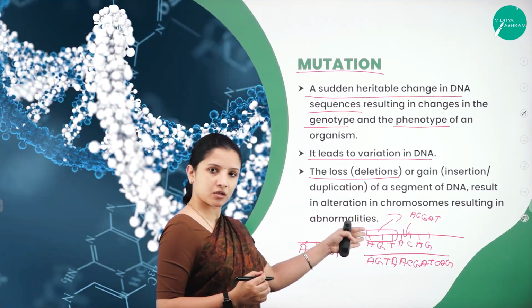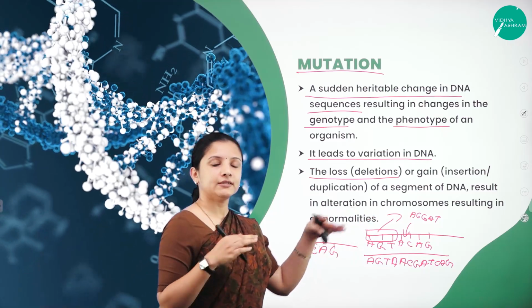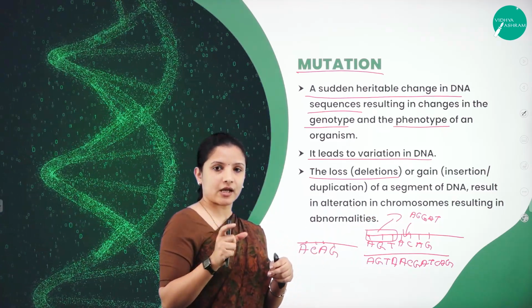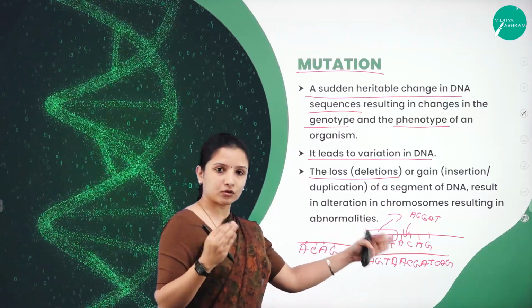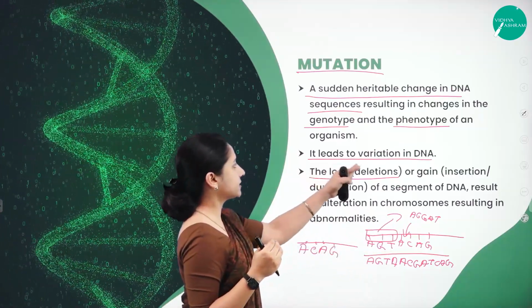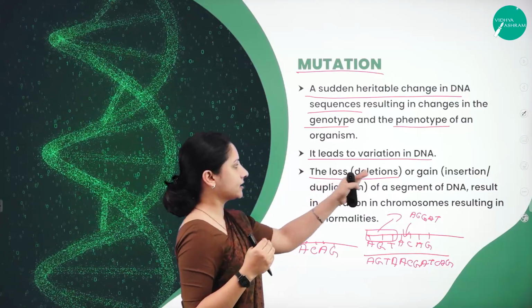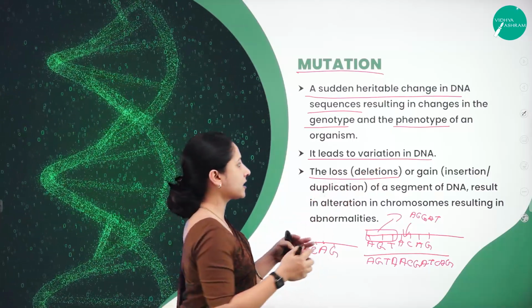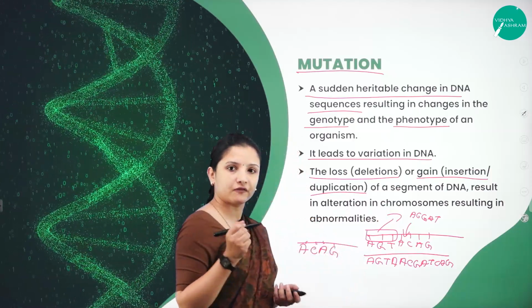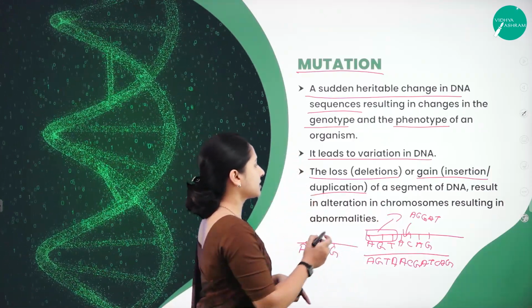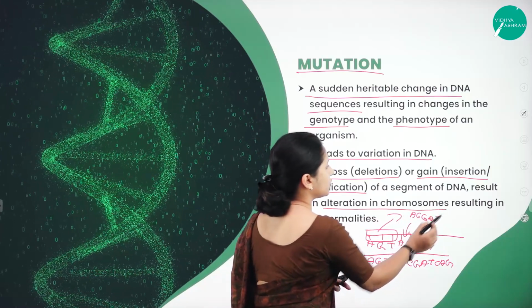So either deletion may take place, or insertion of a new DNA strand, or a new set of genes or nucleotides may occur. So it leads to variation in DNA, wherein either loss or deletion of DNA may occur, or gain, insertion or duplication of a segment of DNA may occur. This will result in alteration in the chromosome. Why?